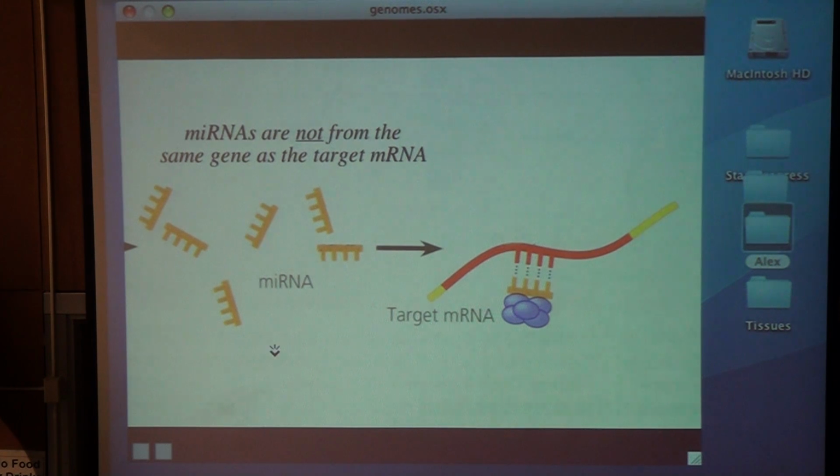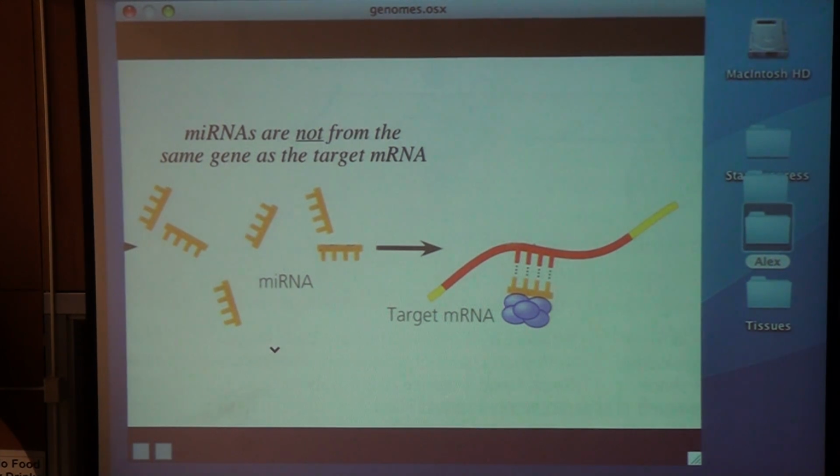How does the cell know what mRNAs are around in the cytoplasm at any given time? Well, I guess you might say the cell knows which RNAs it's transcribed. And so I guess I would say if the cell has an activator protein that allows it to make this particular messenger RNA from a gene, maybe that same activator protein activates the genes to make the interfering RNAs for that.